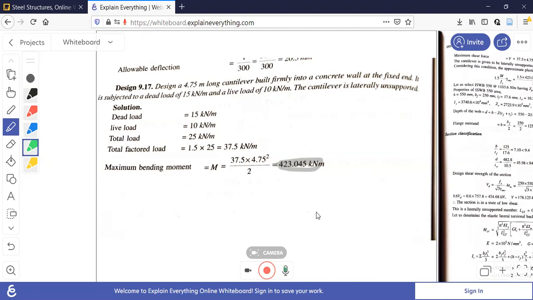As you can see, there is not much difference between analysis type and design type problems. Here, we are getting the factored moment. We start with the trial section, again analyze that section. We are going to analyze that section for MD. That MD has to be more than the factored bending moment.